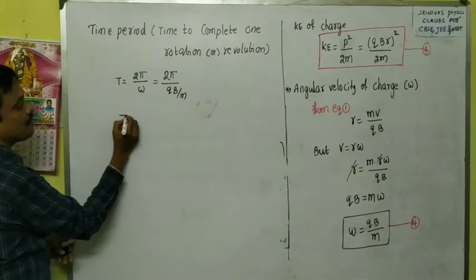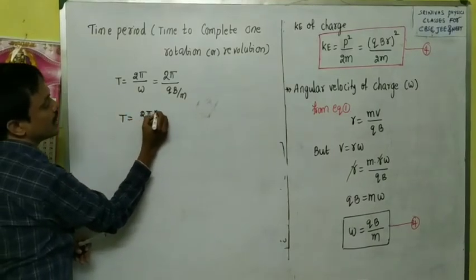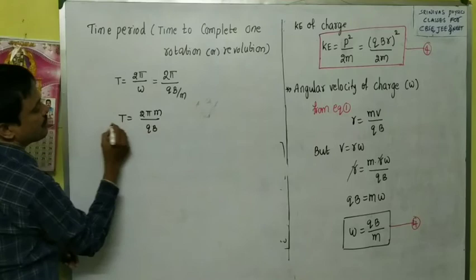Then the time period formula we get is 2 pi m by qb.